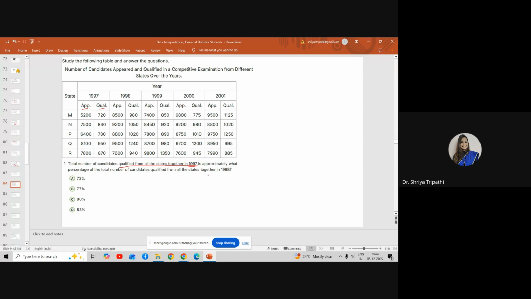Now you all have understood this type of question. Increase the speed. Total number of candidates qualified in 1997 is what percentage of those qualified in 1998?